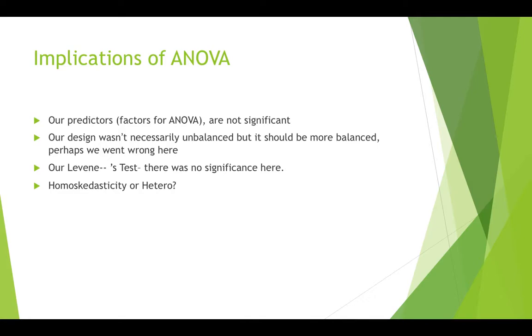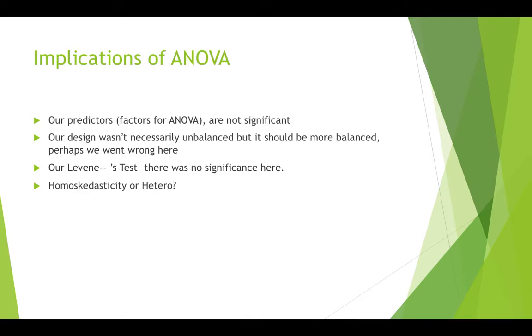Okay, so the implications of ANOVA. For this one, the factors of ANOVA were not significant for either the main effects or the interaction. Our design wasn't necessarily unbalanced, but it should definitely be more balanced.